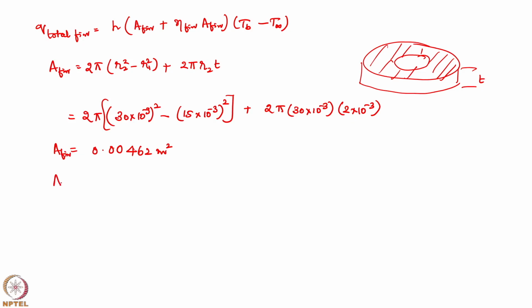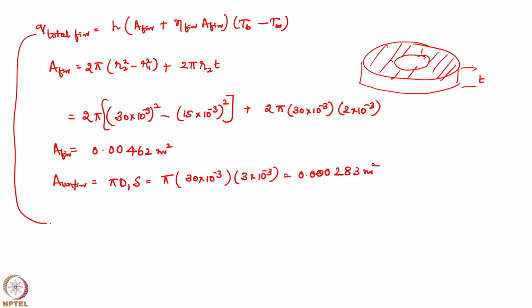and the area of the unfin is pi d1 into s, that is the left out space, that is pi into d1 is 30 into 10 to the power of minus 3 into s is 3 into 10 to the power of minus 3, that is 0.0000283 meter squared. So, if I substitute that into this equation, Q total fin is equal to H. What is my H?